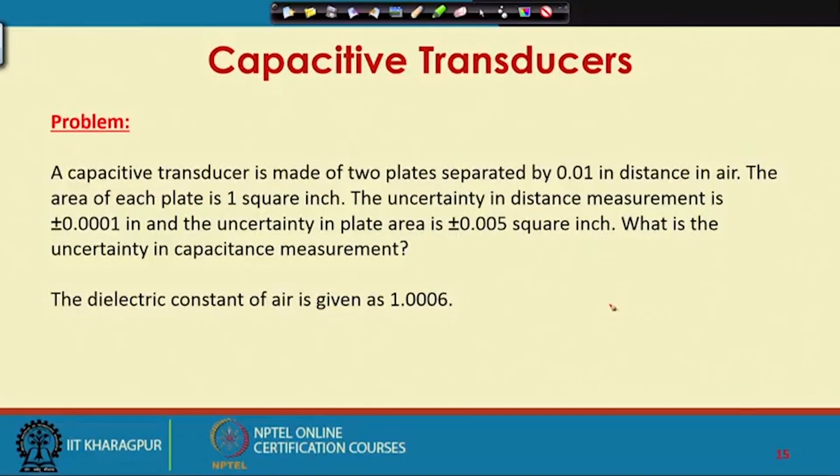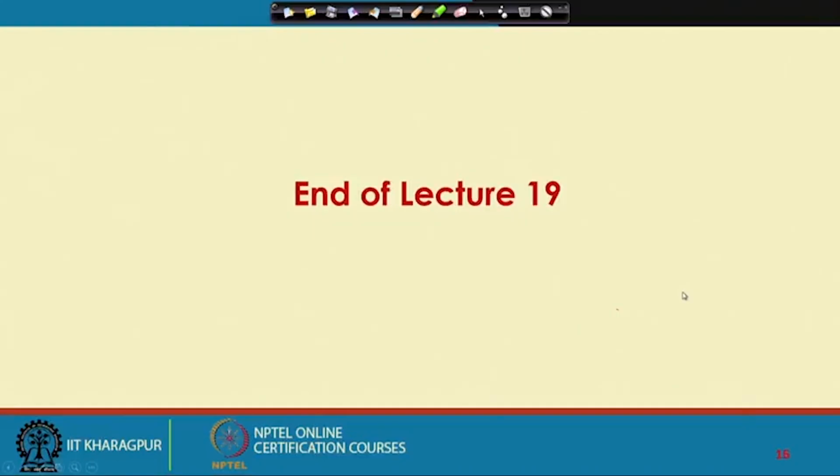So, this is how we can compute the uncertainty in the measurement of capacitance if we know the uncertainty in the distance measurement and the uncertainty in the area measurement. So, that brings us to the end of lecture 19.